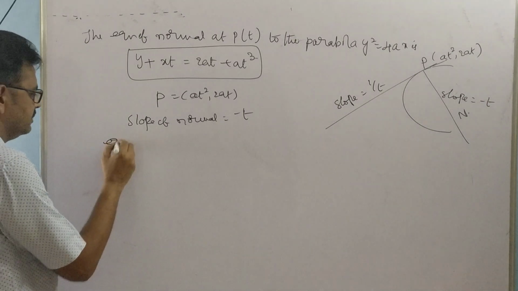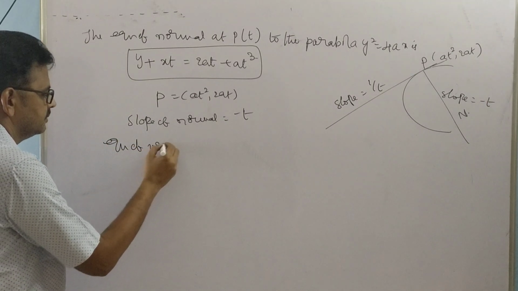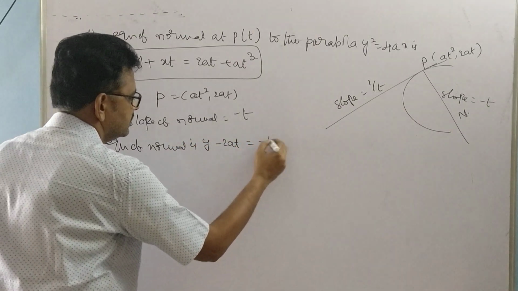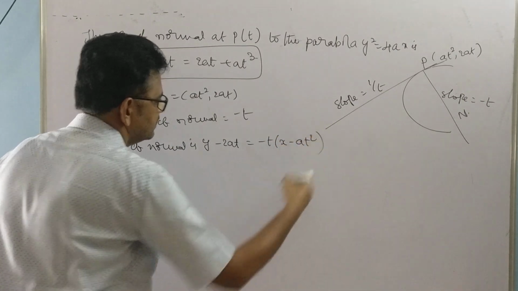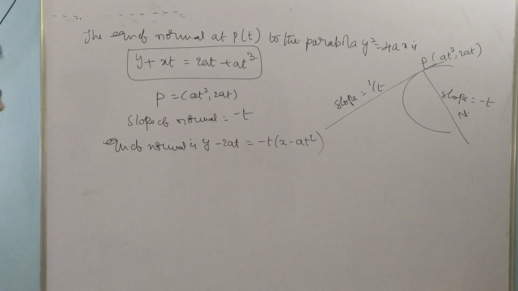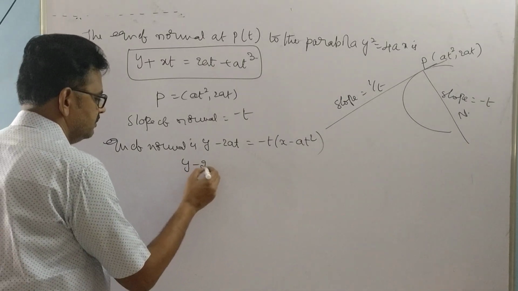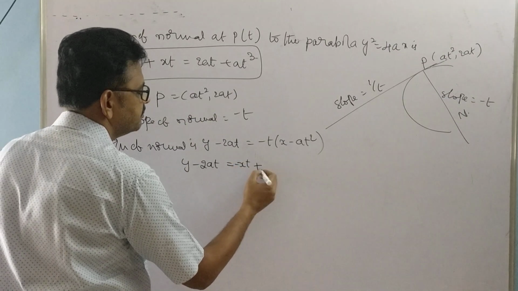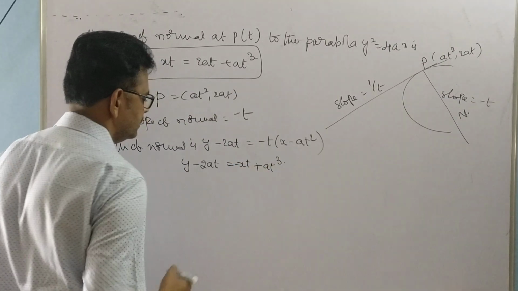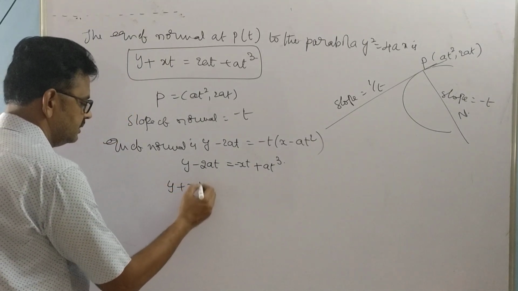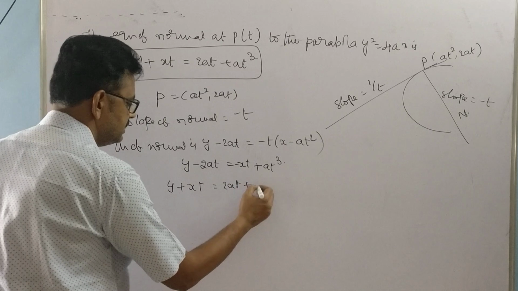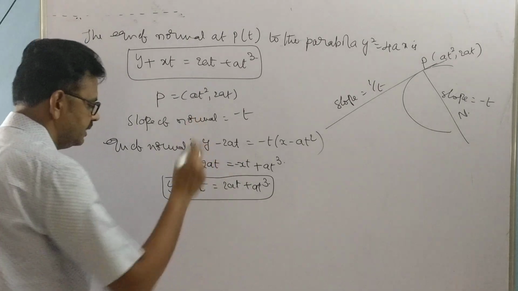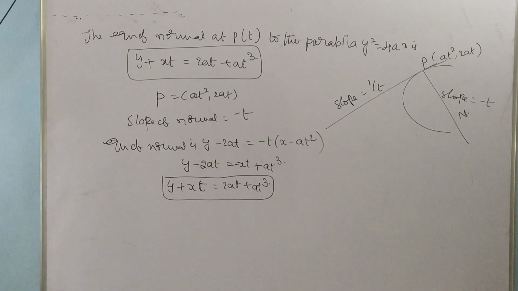So the equation of normal: y minus 2at is equal to m into x minus at square, so y minus 2at is equal to minus t times x, plus at cube. Therefore, y plus xt is equal to 2at plus at cube. So this is the equation of normal at the point t to the parabola y square is equal to 4ax.